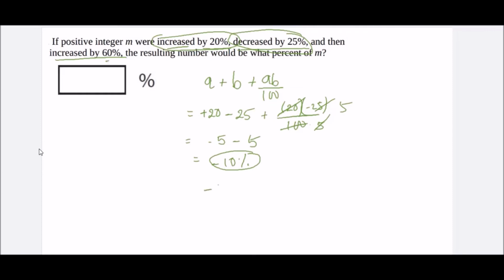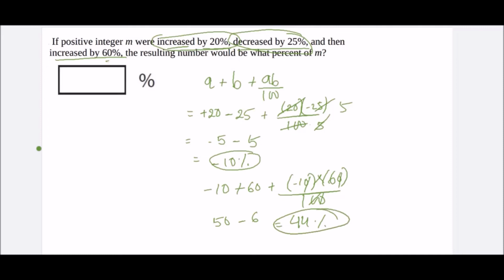So minus 10 plus 60, since it is increased, that's why positive 60, plus minus 10 into 60 divided by 100. Here the zeros cancel. It will become 50 plus and minus, remaining is 6. So this one will become 44%. So the answer is 44%.